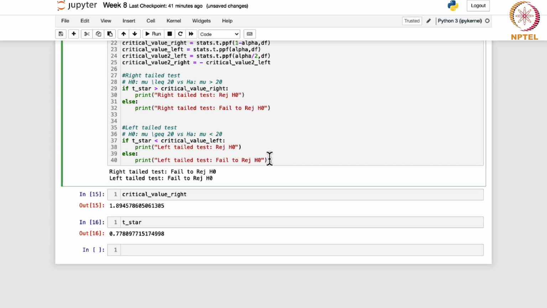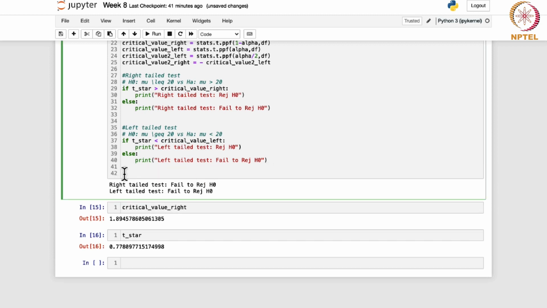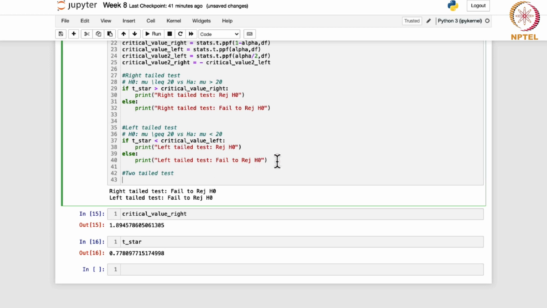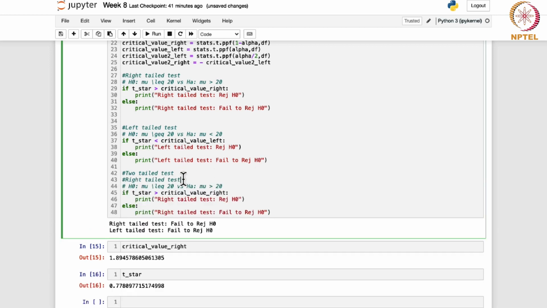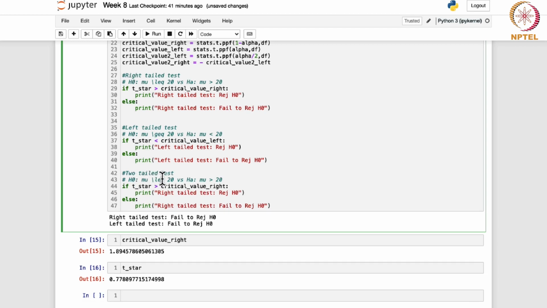Fine. Now let us do for the two-tailed also. So in this case we have mu equal to 20, versus mu not equal to 20. So 20 is the hypothesized mean value that is given to us. So we look at the absolute value of t star being greater than or equal to t alpha by 2, right?